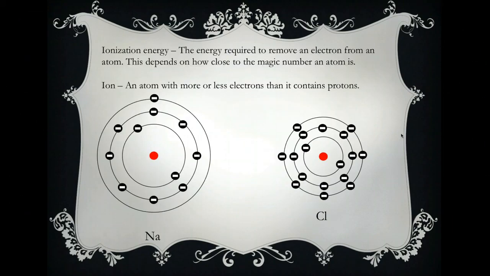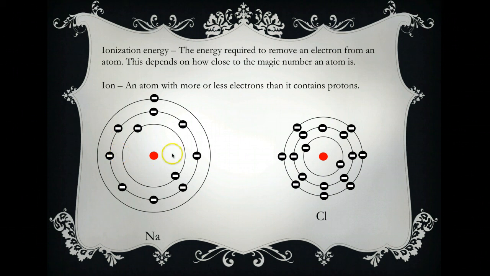The third one that I want you to know about is ionization energy. The definition of this is the energy required to remove an electron from an atom. And this depends on how close to the magic number an atom is, that magic number being 8 in the valence shell. Also I want to introduce a vocabulary word, ion. An ion is an atom with more or fewer electrons than protons.